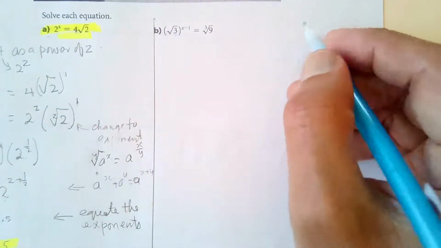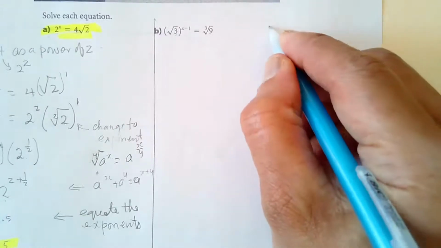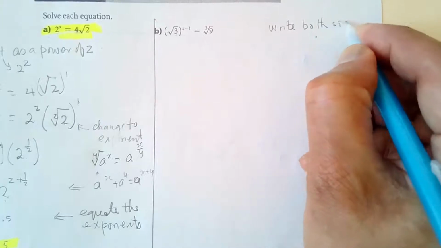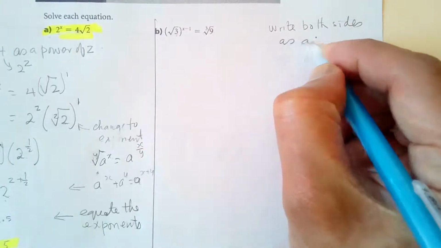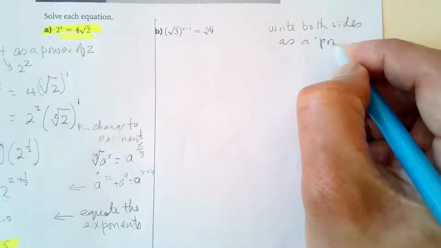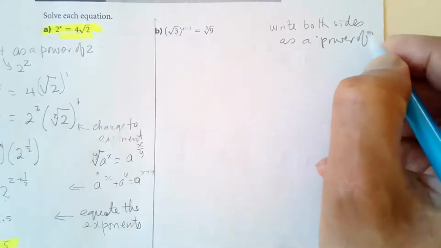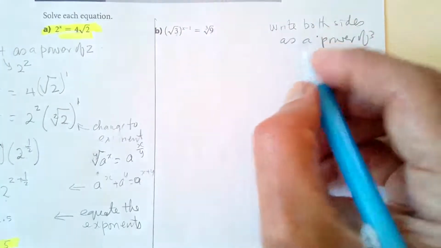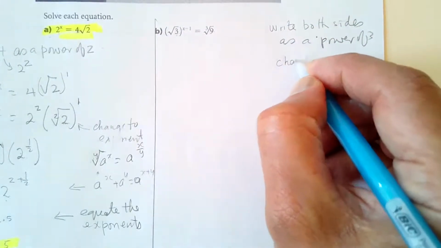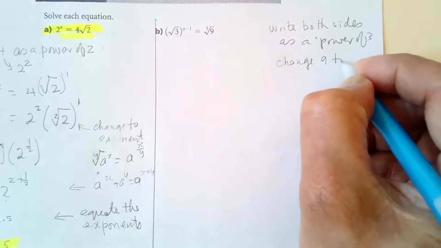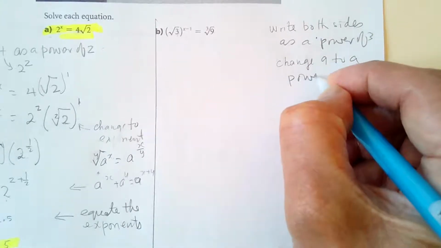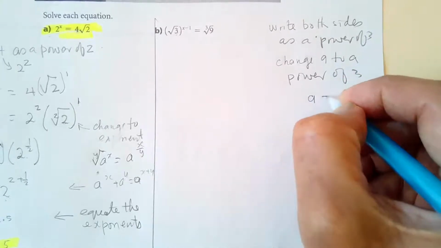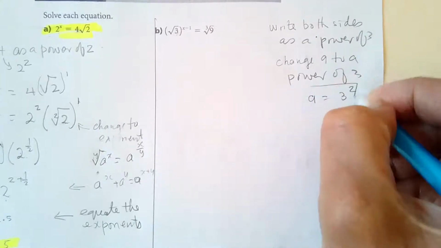So step 1, write both sides as a power of 3. This is already a power of 3 here. So we have to change 9 to a power of 3. So 9 is equal to 3 to the power 2.